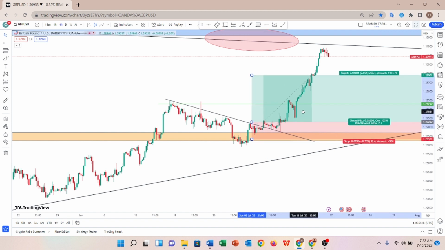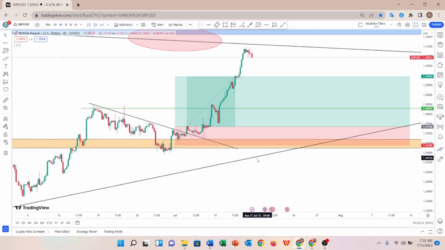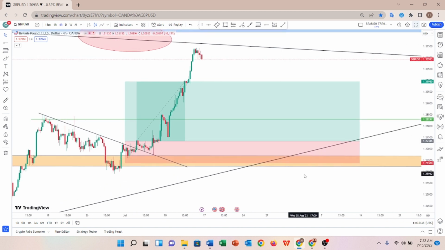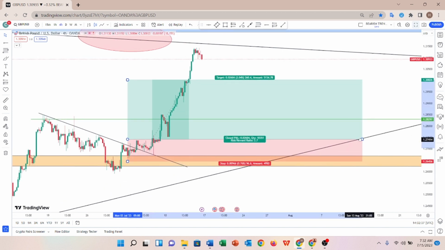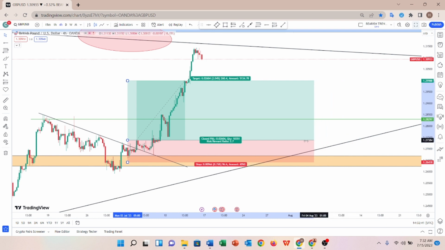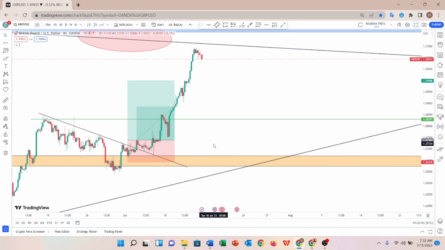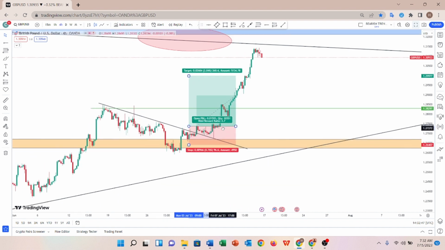We had our entry here, and our stops were below this zone.